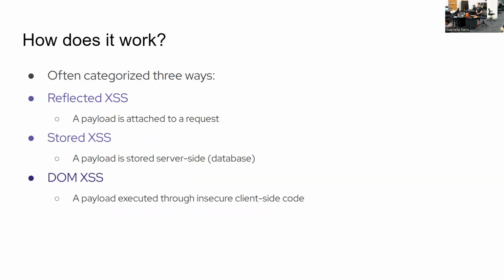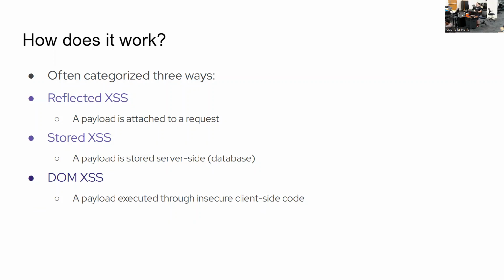Cross-site scripting can be categorized into reflected cross-site scripting, stored cross-site scripting, and DOM cross-site scripting. In the reflected case, a payload is attached to a request that the victim sends.